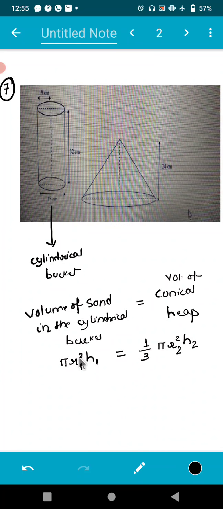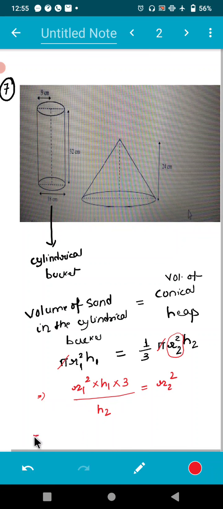On both sides we have pi, so we'll reduce this pi. Our main objective is to get r2. For that we need to transpose this 3 and h2 to the other side, so it will look like r1 square into h1 into 3 by h2, and this would be equal to r2 square.